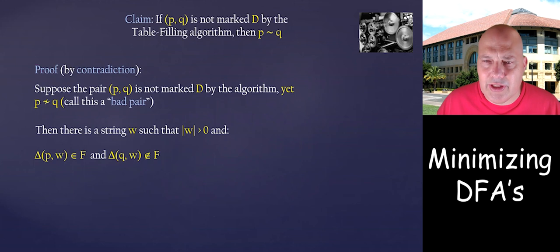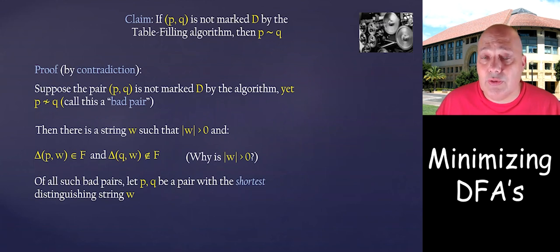Think about it for a second. Well, if the empty string distinguished P from Q, it means that one of these states is accept, the other one is reject, and this is something our algorithm does know to recognize. So we can assume that there is a non-empty string that distinguishes them.